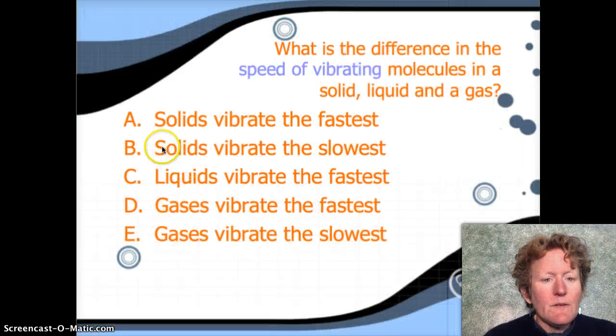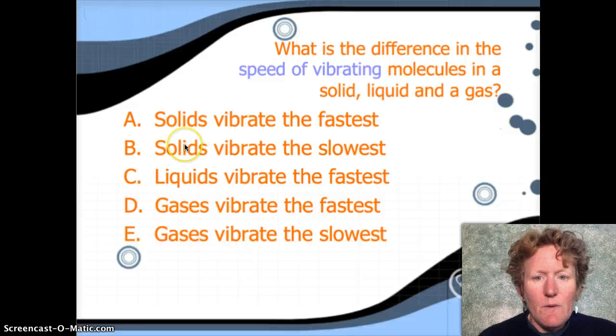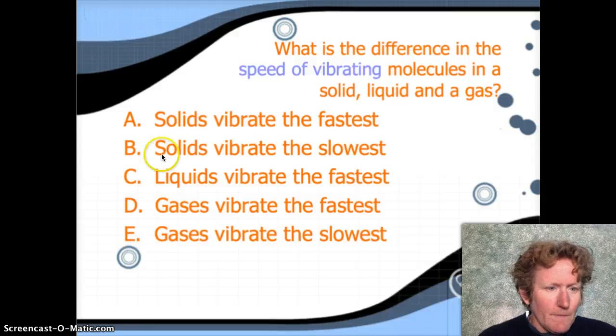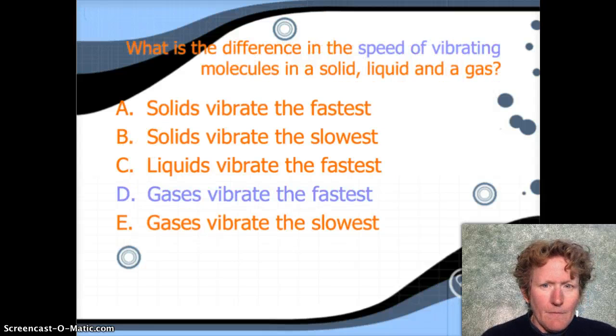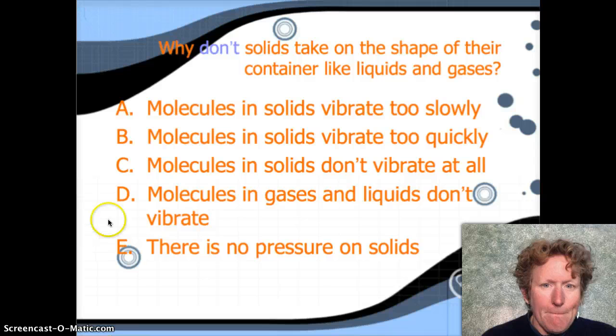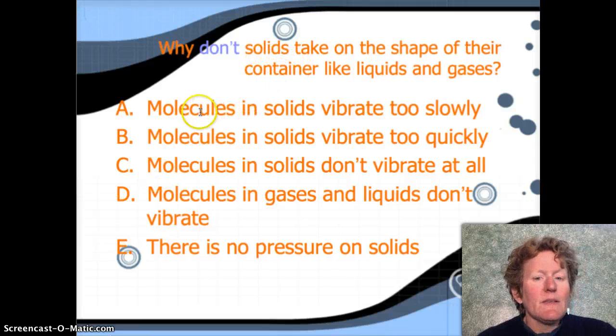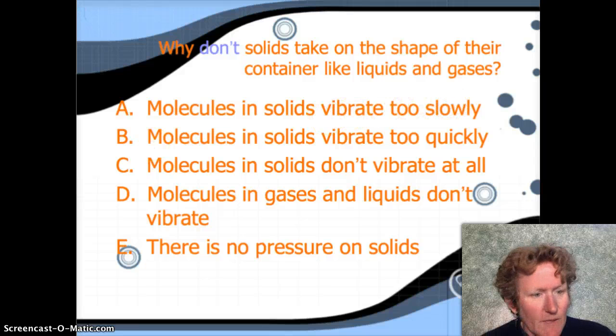So if you answered solids because they vibrate the slowest, that is correct. Solids vibrate the slowest and gases vibrate the most quickly. And solids don't take on the shape of their container because they vibrate too slowly.